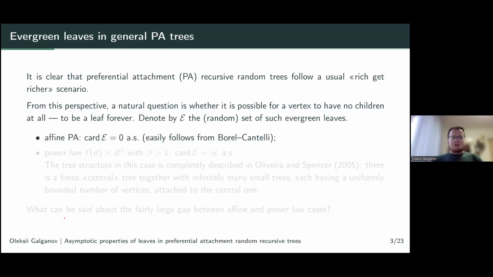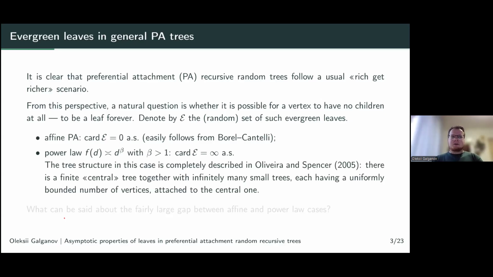In affine preferential attachment, it usually follows from Borel-Cantelli that there are no such vertices almost surely. So each vertex eventually gets at least one child. Another example is the power law. If this attachment function f is a power function, in the case when b is greater than 1, there are infinitely many such evergreen leaves.